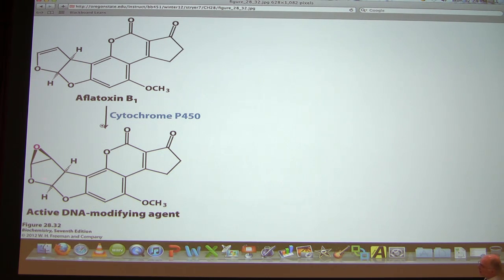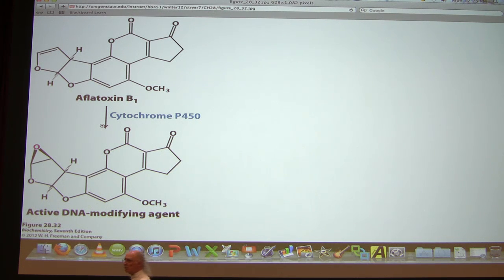It creates this little three-membered ring over here that will, when it bumps into DNA, covalently bond to the DNA. So now what we have, instead of bases and phosphates and sugars in the DNA, now we got this big honking ugly thing that's sticking out or sticking inside of the DNA double helix. That causes, as you could imagine, a great big bulge.